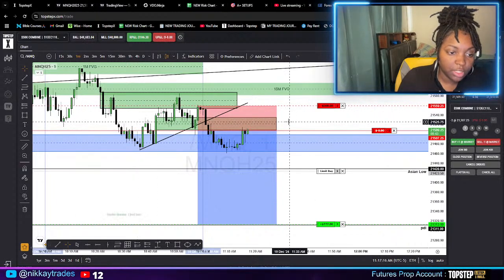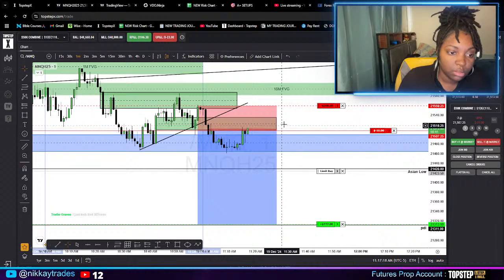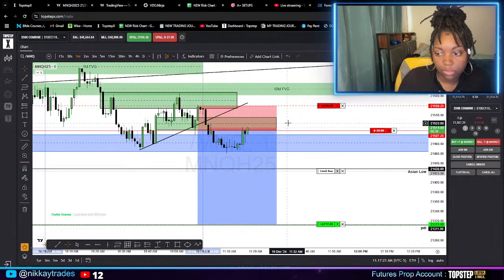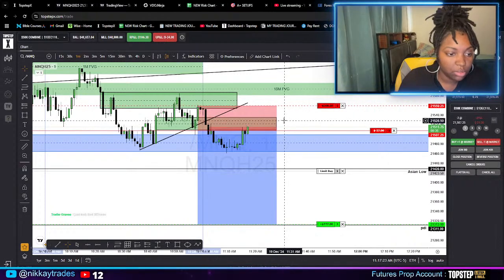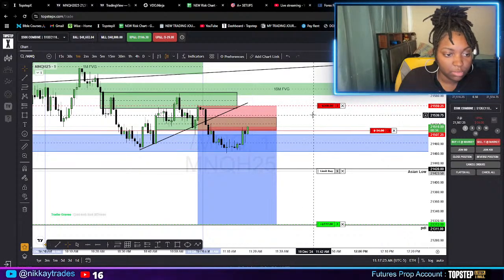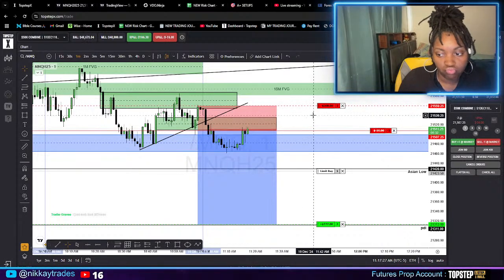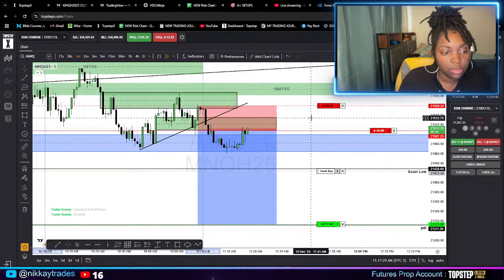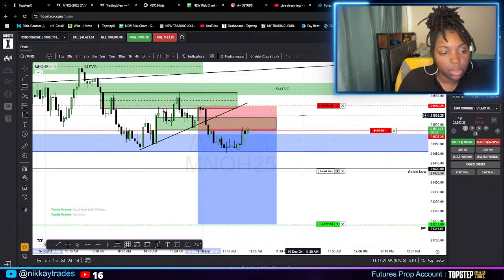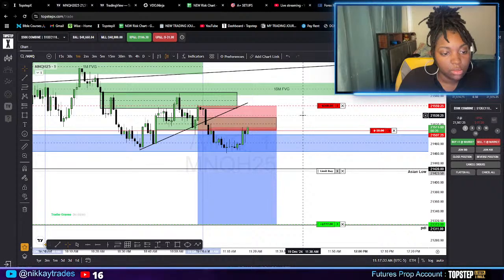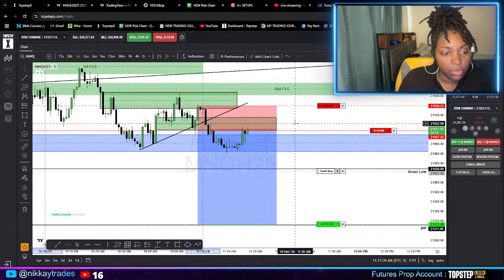I'm going to give it to the 50% once again of this gap right here. You just took that reverse on demo. Okay. Sure, it's okay. You gotta learn somewhere.